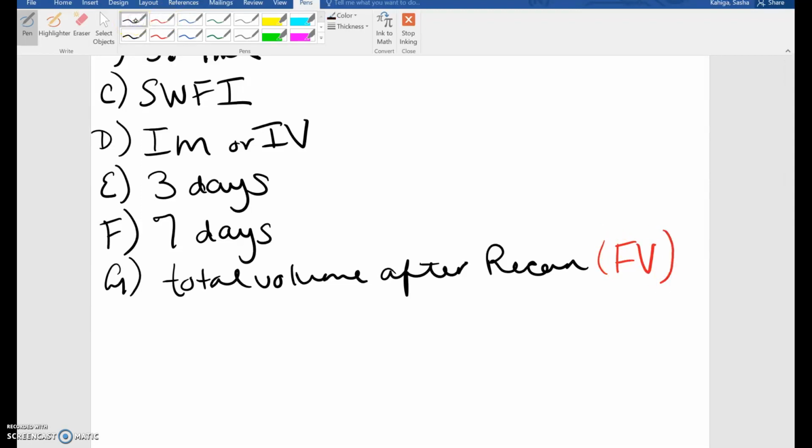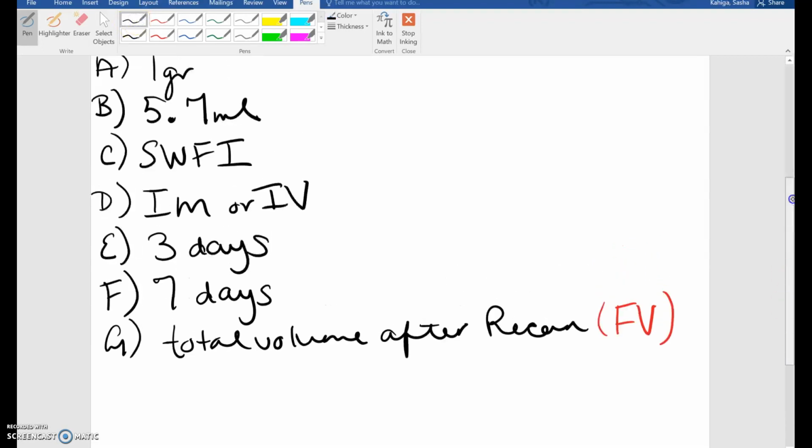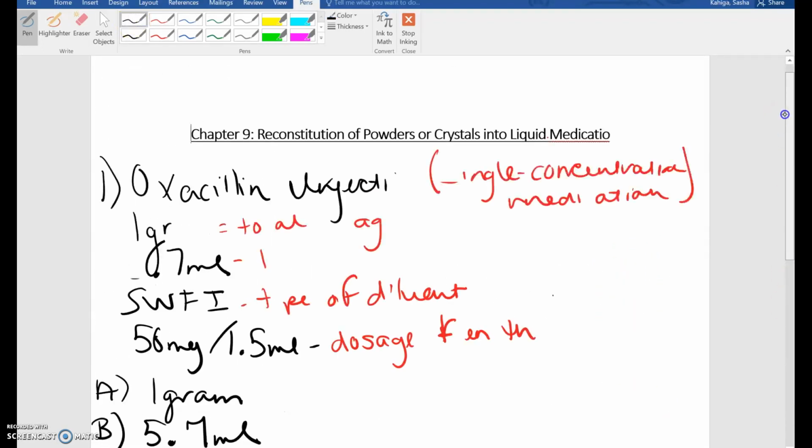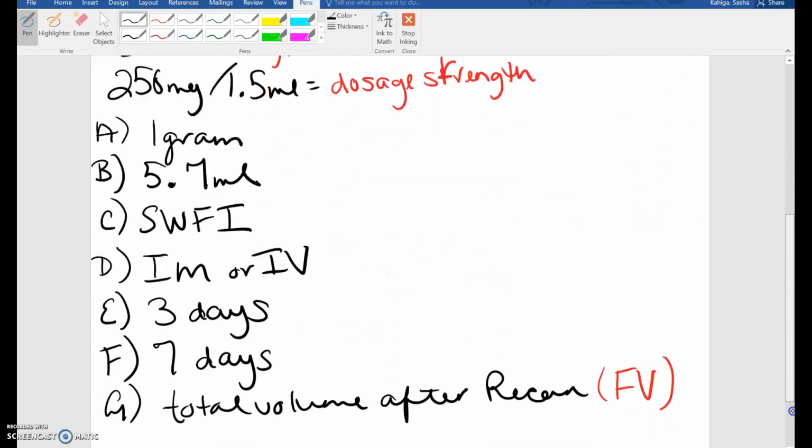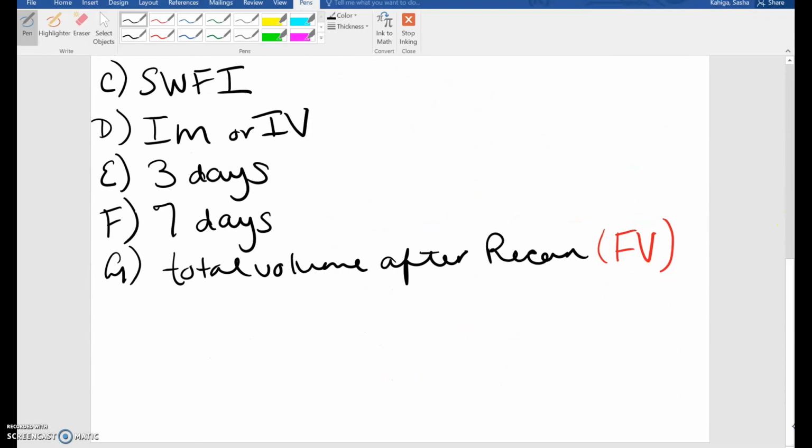Your final volume wasn't given to you. If you look back up, of all the things I've identified from the label, I've only identified your total dosage, your diluent volume, the type of diluent, and your dosage strength. All right? So the question for G says, what's the total volume after reconstitution? In general, what's the final volume?